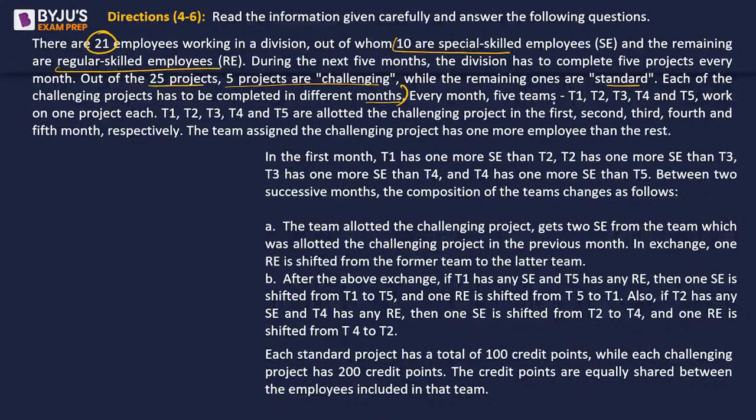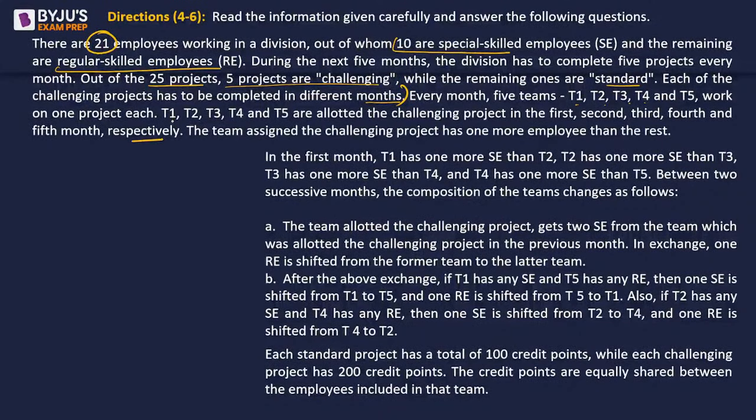Now, every month, 5 teams, T1, T2, T3, T4, T5, work on one project each. So every month we have to finish 5 projects. Okay, so 5 projects will be done by these 5 teams. T1, T2, T3, T4, and T5 are allotted the challenging project in the first, second, third, fourth, and fifth month, respectively.